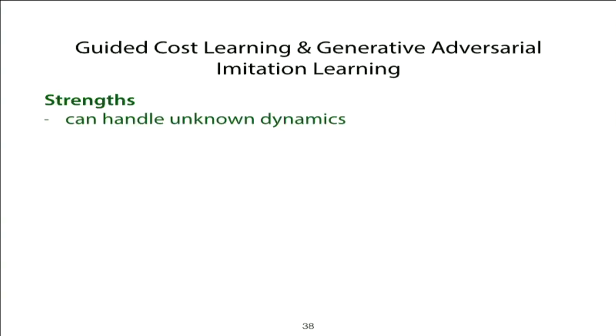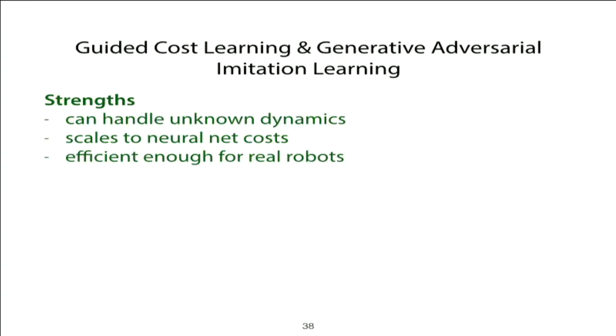Instead of assuming that we have our transition dynamics and that we can compute our partition function exactly, we're going to sample from the environment to estimate our partition function. We can scale to neural network cost functions, which is important, and if you use an efficient policy optimization method, you can also run this on a real robot and be efficient.